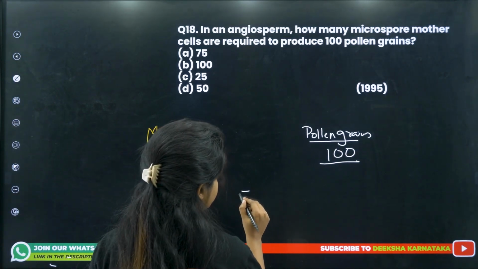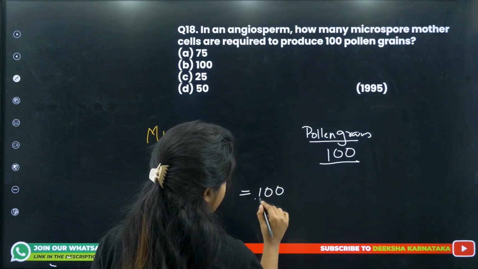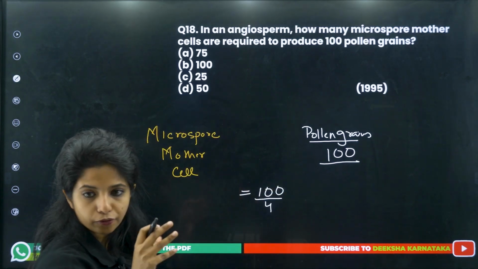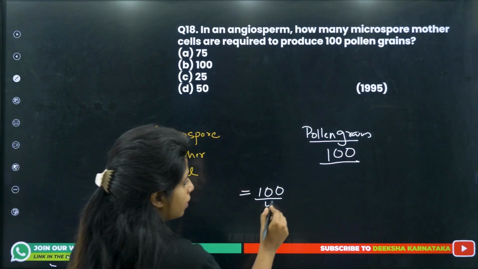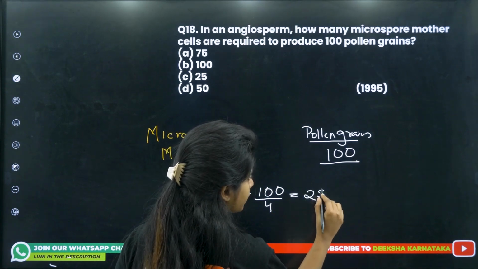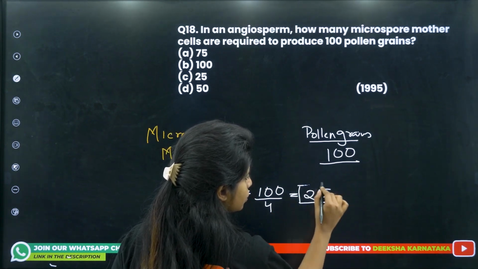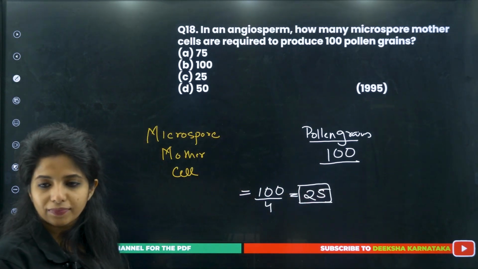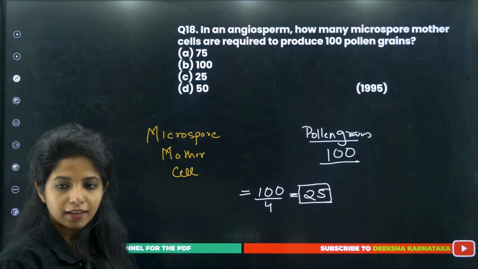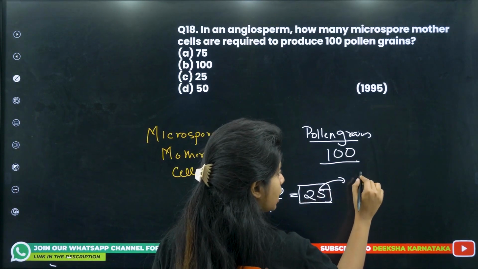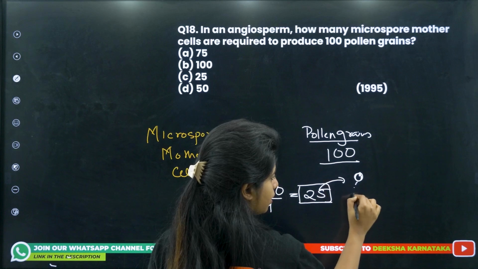So if I do 100 divided by 4, if we group them into 4 each, we would get 25. So 25 of these cells underwent meiosis. For example, 1 out of 25, this is one cell, first cell.